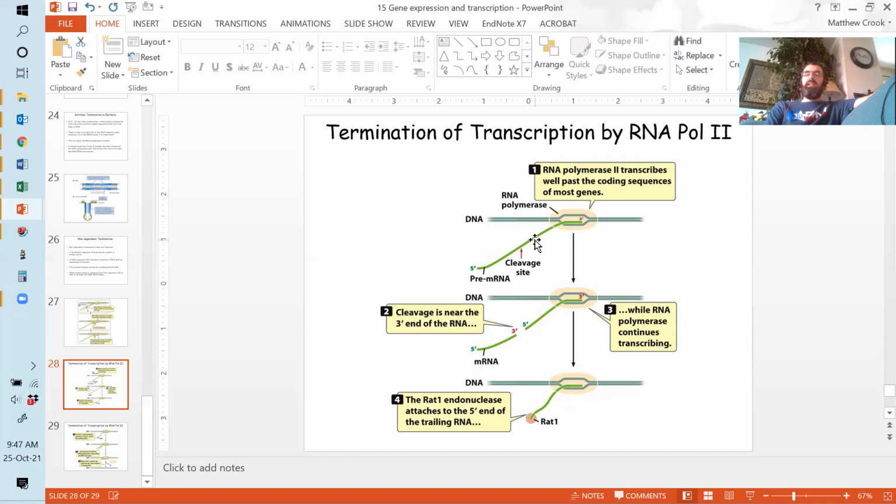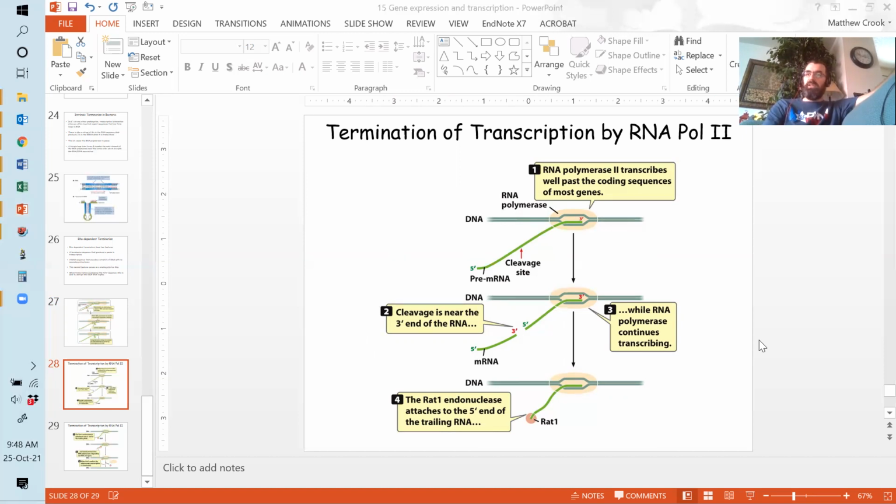This is a short bit of sequence that is recognized by an endonuclease, right? That comes in and it cuts it. Now, RNA polymerase is still chuntering along, doing its own business. Our pre-mRNA is now free to go be processed, right? So that's off. That's going to go somewhere else.